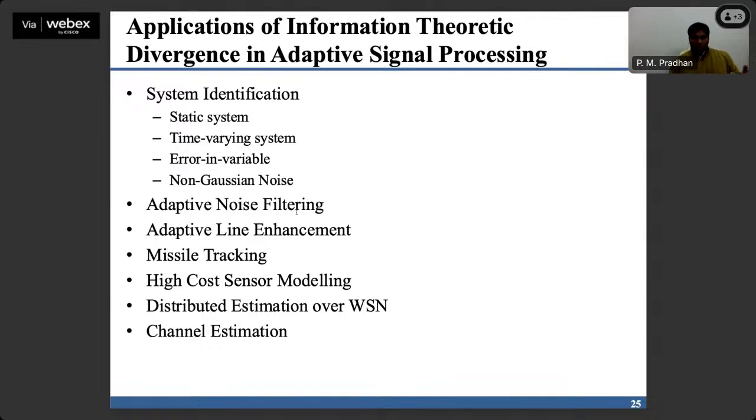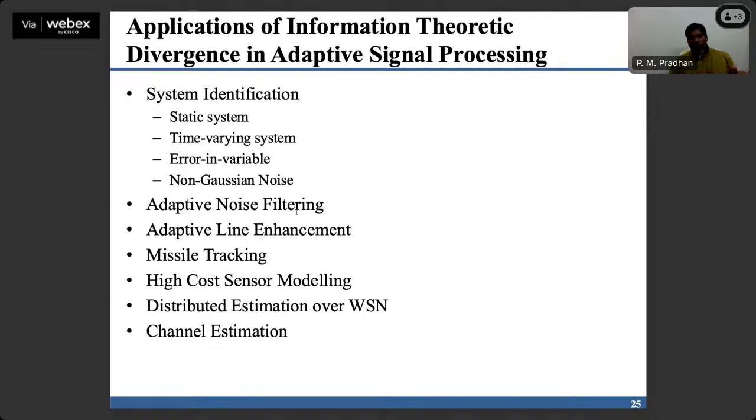Okay. So the first application that we are going to deal with is system modification, where we are looking at different kinds of systems. The system could be a static system, meaning my transfer function of the system is a fixed one, or the transfer function of the system could be varying in nature, that is a time varying system, or error in variable, meaning there is some error in the system transfer function, or there is some error in the input side which could also be brought into the system.